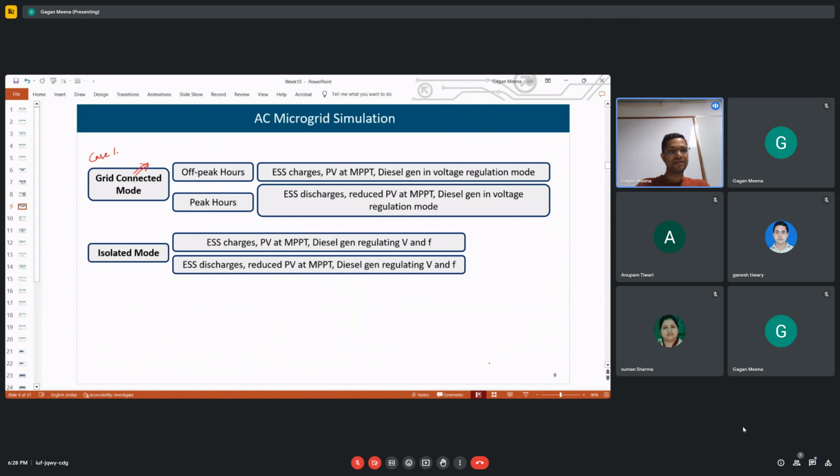Centralized has a problem of single point failure, and that is overcome in distributed control because of peer-to-peer information sharing, or communication, you can say. And in decentralized there is no communication at all.